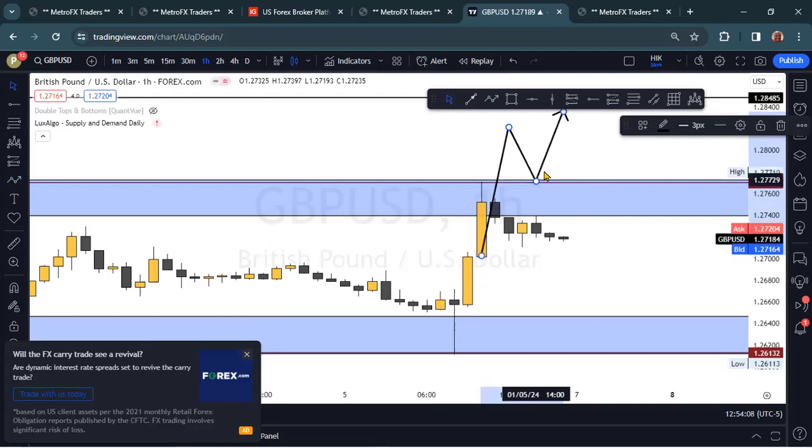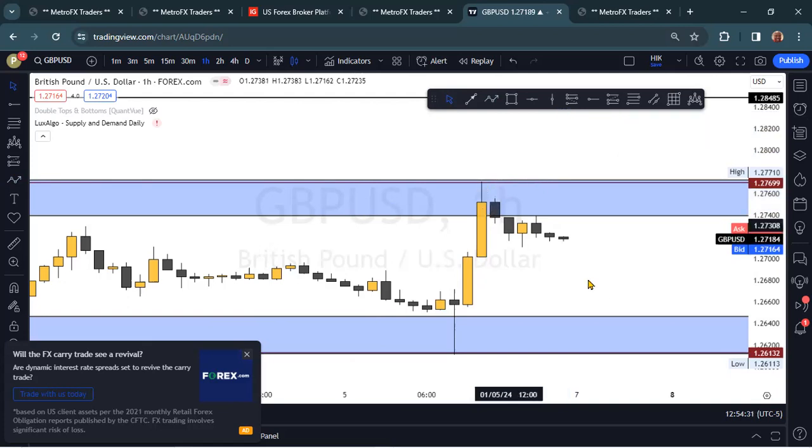It would have broken past resistance, created new demand, created new support, new supply and demand levels. But it didn't. So we can go ahead and take that away because we're looking for sells, not buys. All right, now we're going to go down to the 15-minute.